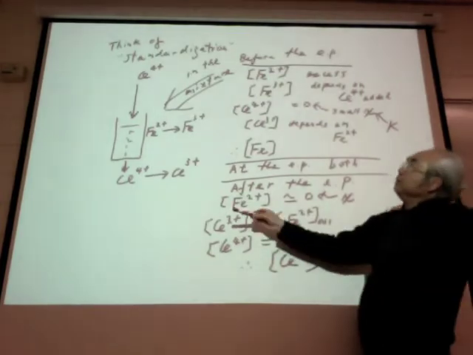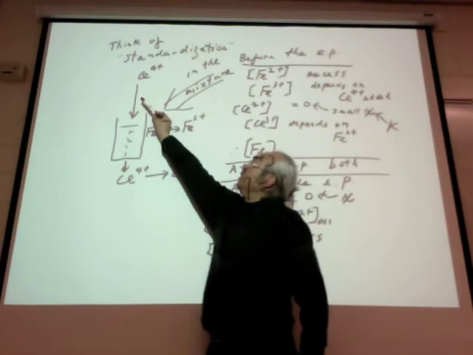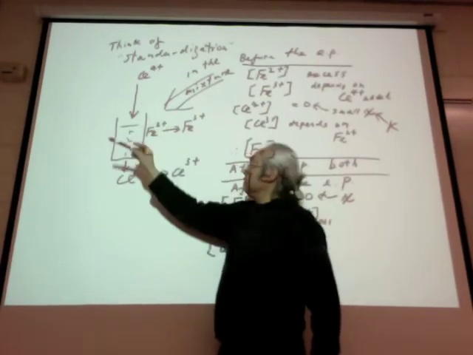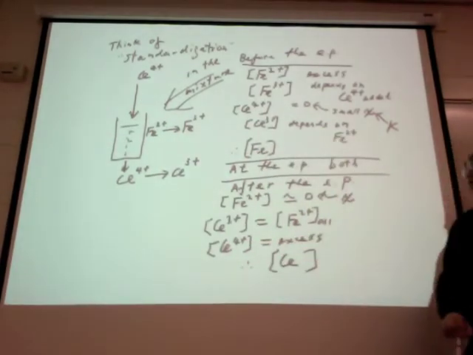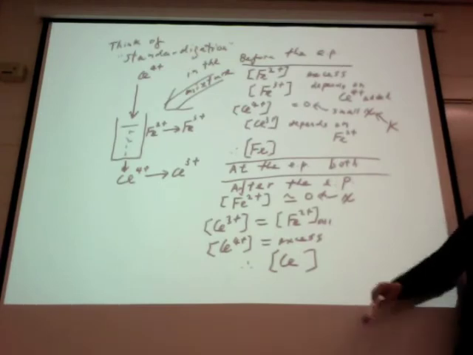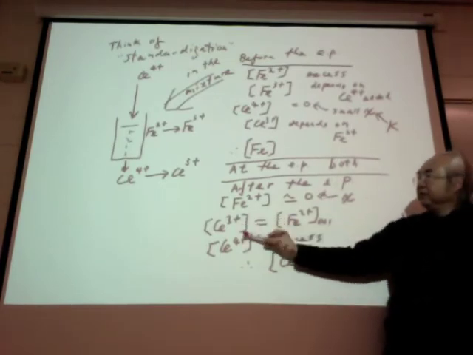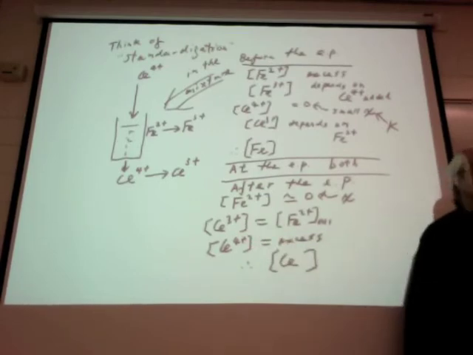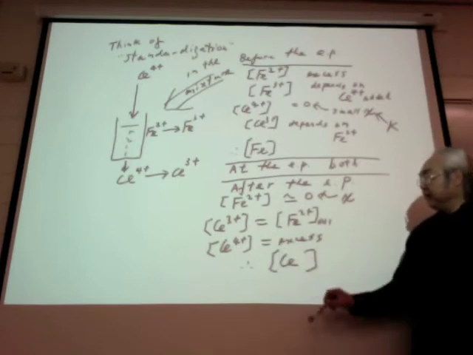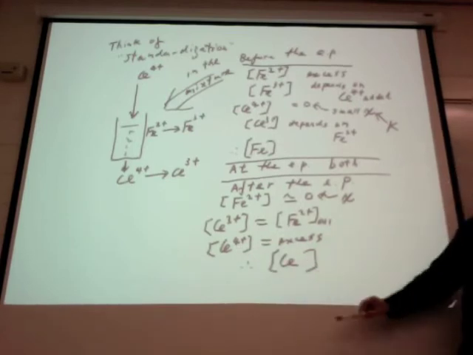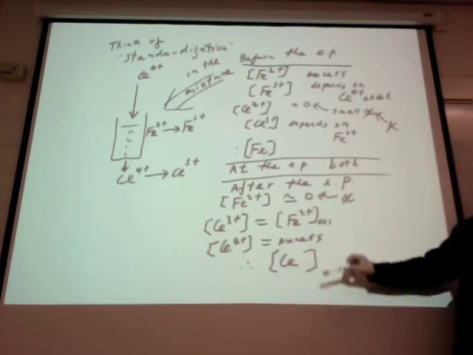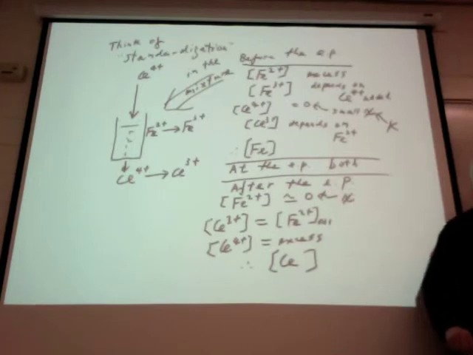You know the M, you know the V, so you calculate the excess quantity. So what it amounts to after the endpoint is that this ratio may be determined more conveniently. So this is going to be based on the cerium Nernst equation for beyond the endpoint.